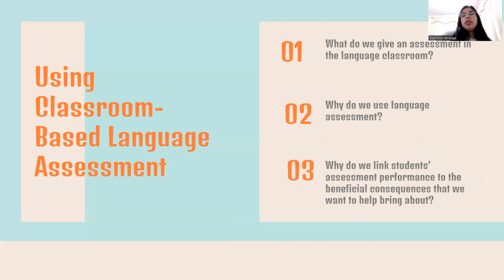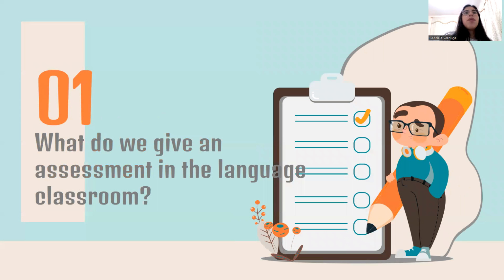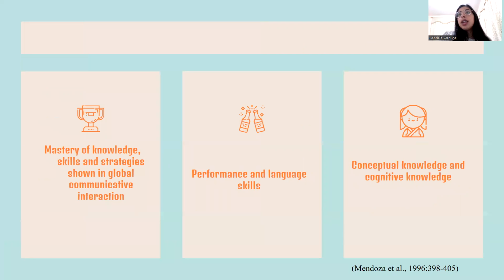So this is the first question: what do we give in assignments in the language classroom? Testing our students is really important for us as teachers, because first we need to know what they know, the skills and the strategies shown in global community interactions.